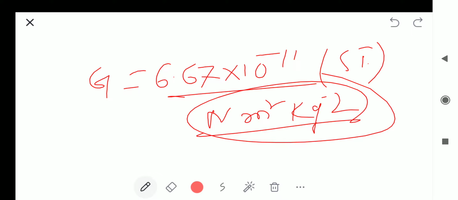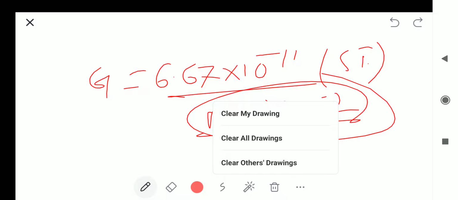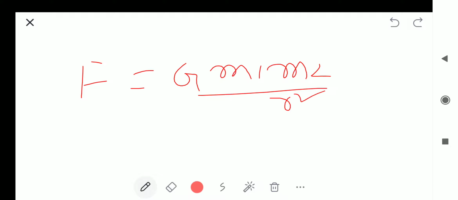Here we come back to Newton's law of gravity. F is equals to G m1 m2 by r square, where m1 and m2 are the two masses.